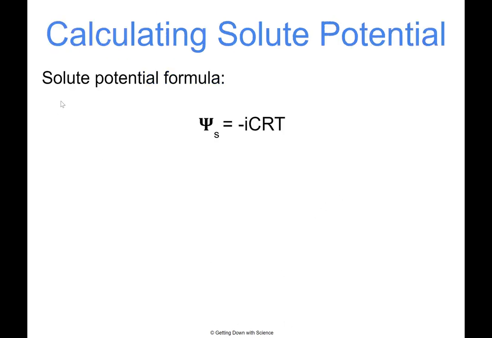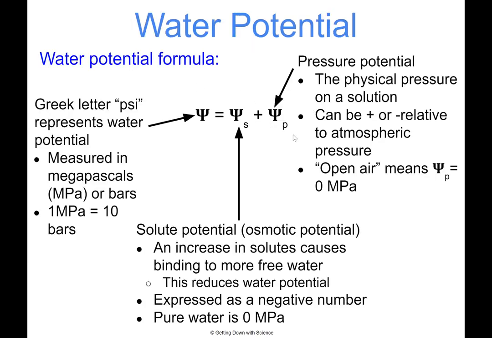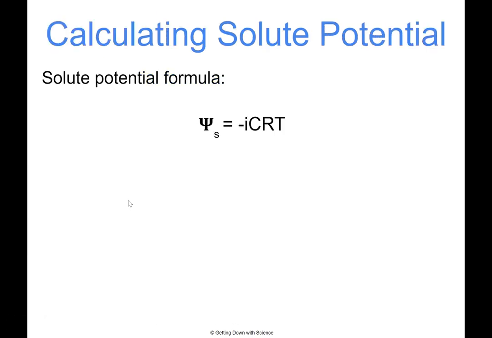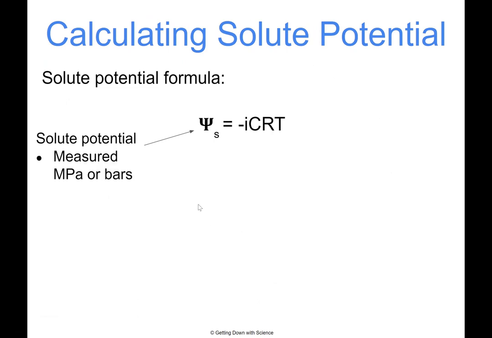Okay. So how do we figure out solute potential? We've already determined that basically the pressure plays no role in most of our situations, so it focuses on that solute potential. We have a formula specifically. That's our solute potential in megapascals or bars.